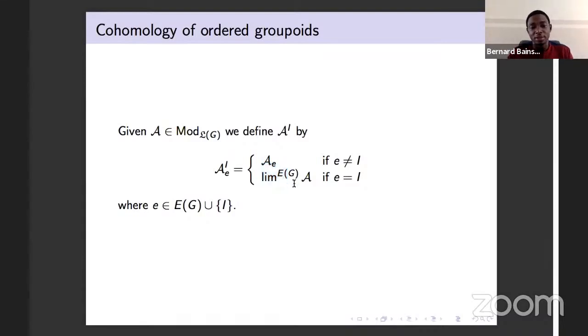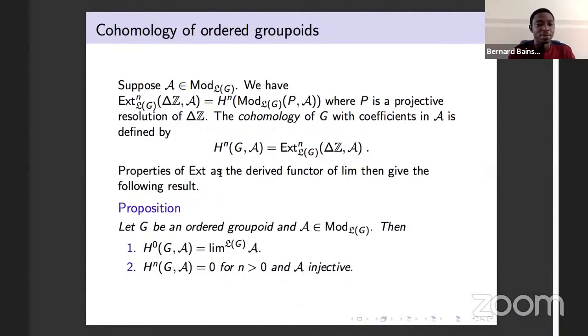So this was a typo. So it associates the co-limit of all the abelian groups associated with the identities that we have there. So that's why we are summing over all the identities that we have. It is this module that we are going to make use of to describe the cohomology of the ordered groupoids that will be needed to identify or classify the extensions that we have. And we will see this subsequently.